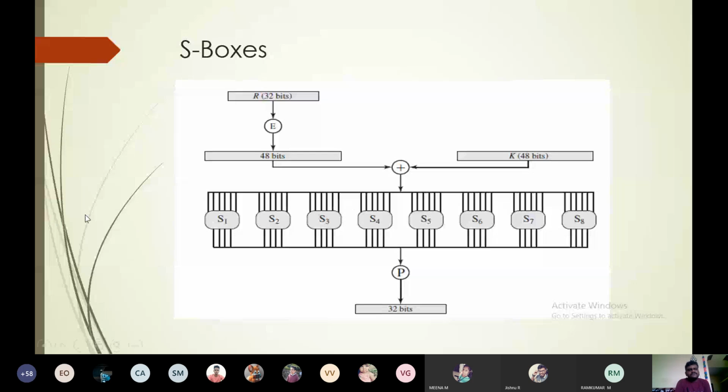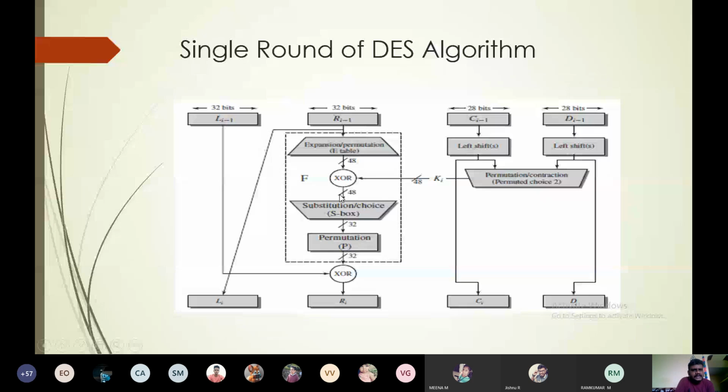Now I have 4 outputs from every S box, and with 8 S boxes, 8 into 4 is 32 bits. In this method, the 48 bits input is converted into 32 bits. This is an important diagram.